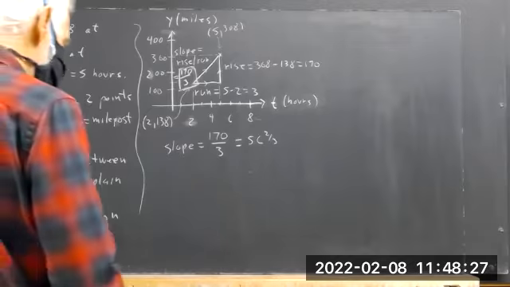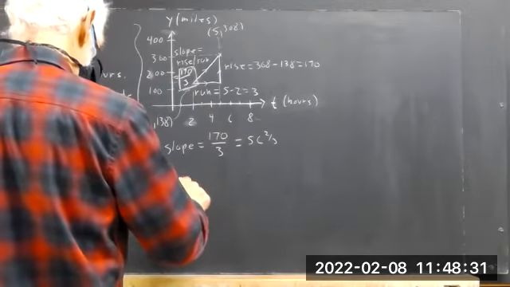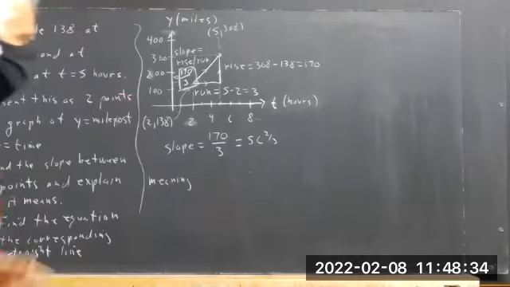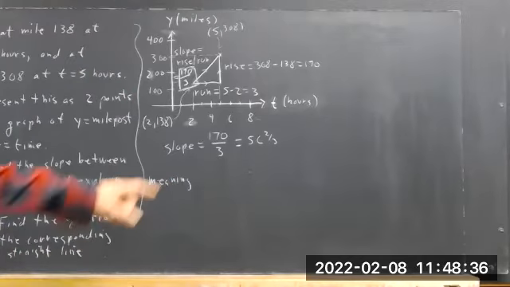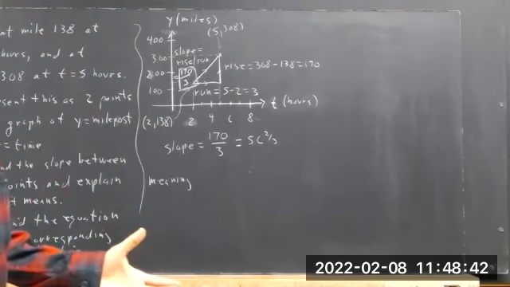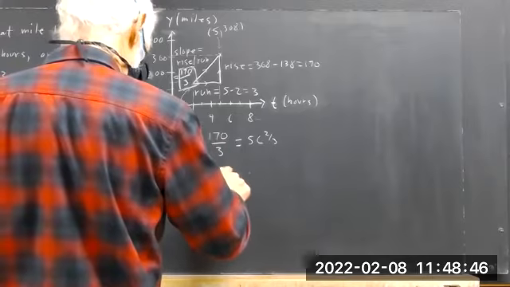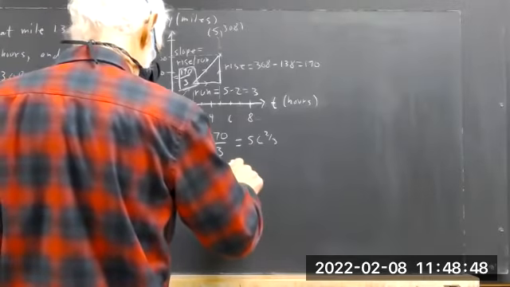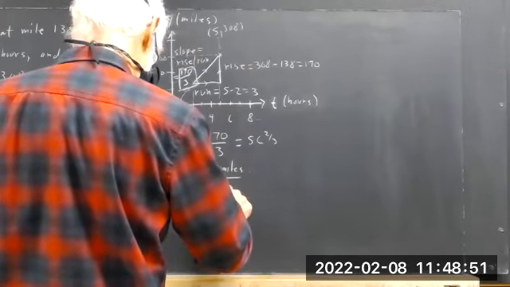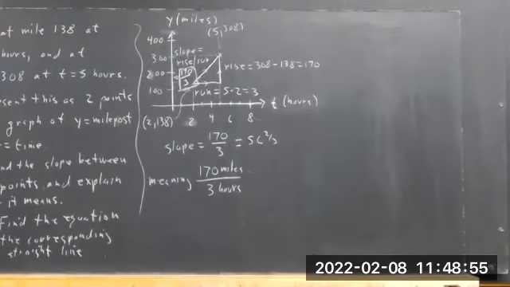Okay. Meaning, what? How do you get the meaning? You put the units of these things and ask what that could mean. And then you look at the problem and say, oh yeah, that's what it meant. Okay, so this is 170 miles divided by 3 hours.